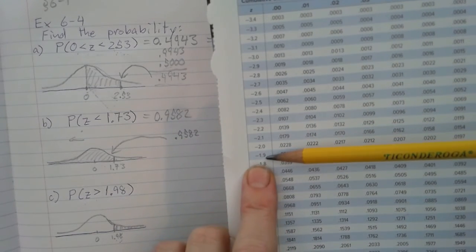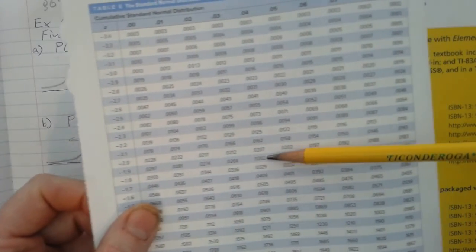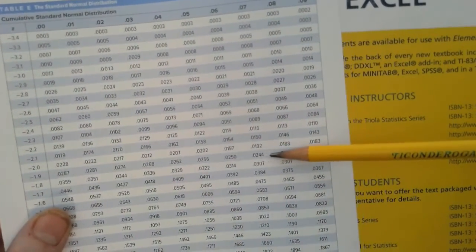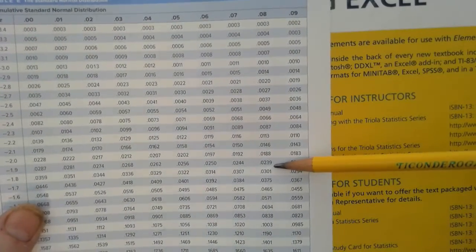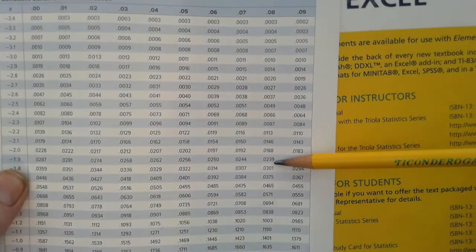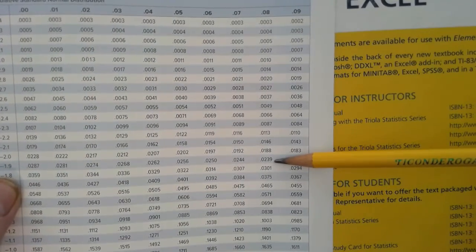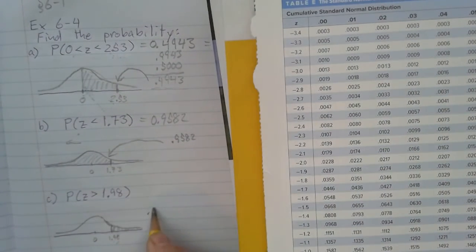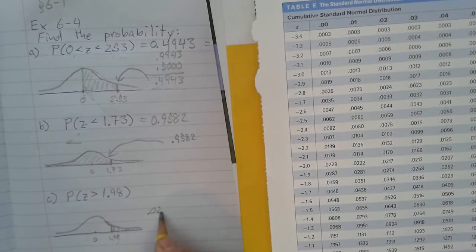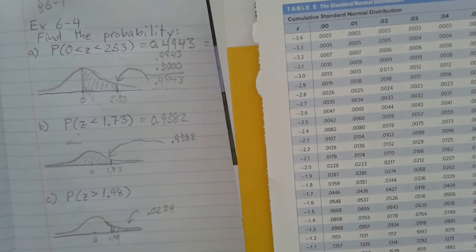We're going to go all the way over to the second to last column, which would be this one here. That is the 0.08 column. So 1.98 gives us 0.0239. So that is that area there.